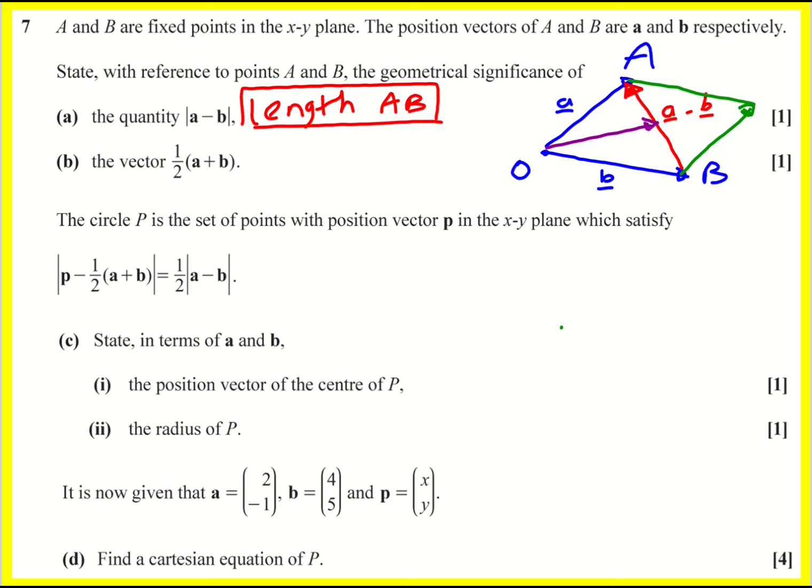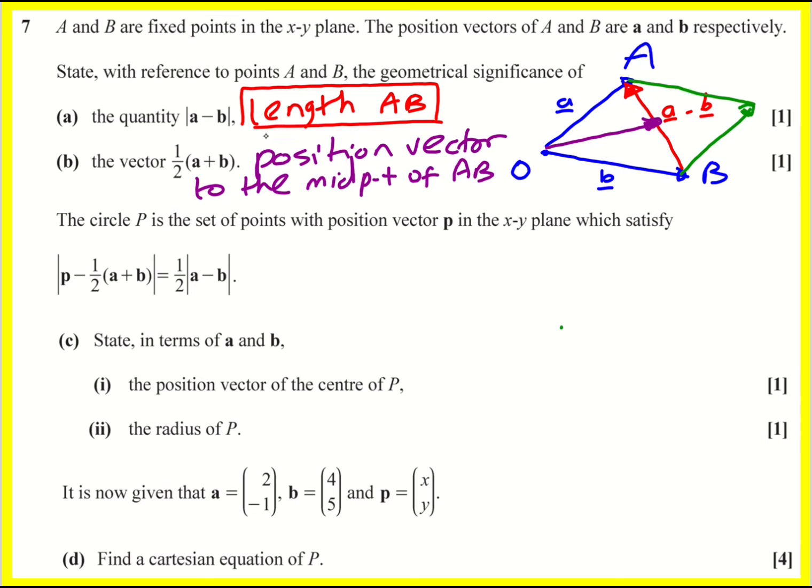The diagonals of a parallelogram will bisect one another, and AB is a diagonal of the parallelogram, so what we're going to do is get to the midpoint of AB. Now it's actually a vector, so I said it's the position vector to the midpoint of AB.